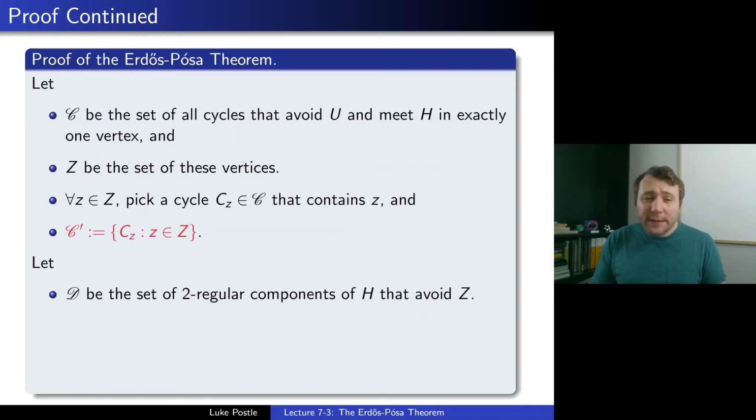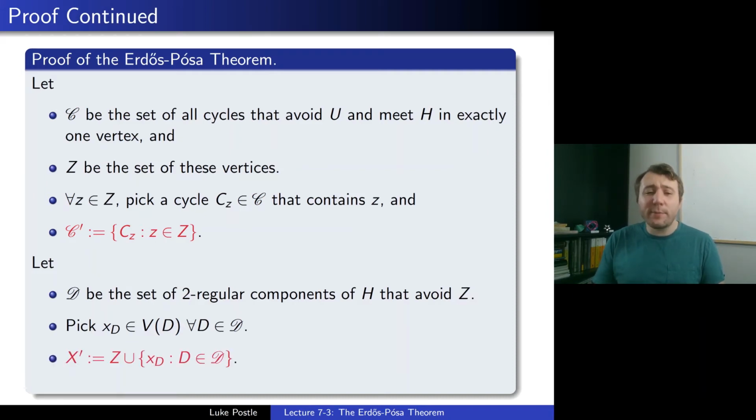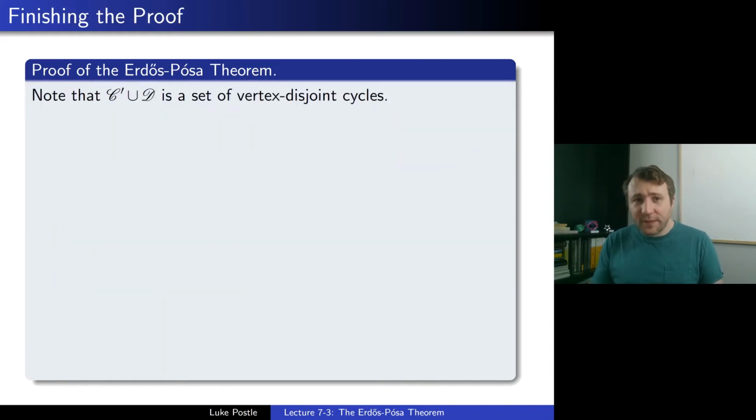Now, we're not quite done because, as I mentioned, there are those two regular components of H. So we'll let D be the set of two regular components of H that avoid C, that are already done with the C prime. And for each of those, we'll need some cover, so we're going to pick an arbitrary x_D in V of D for D in script D. And we'll let our X prime be our Z union these x_D.